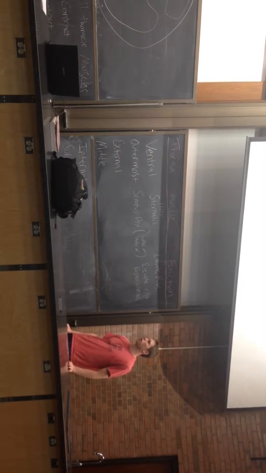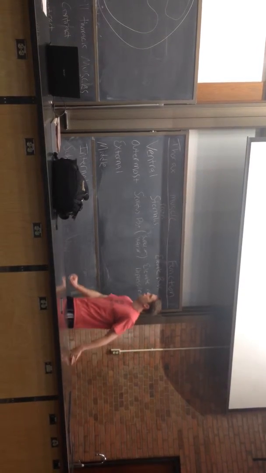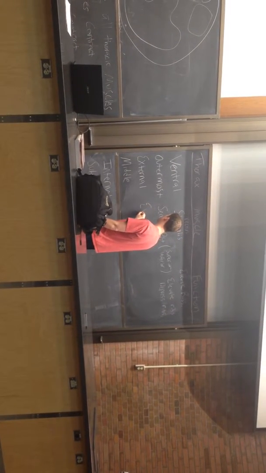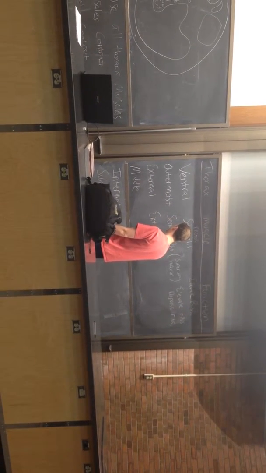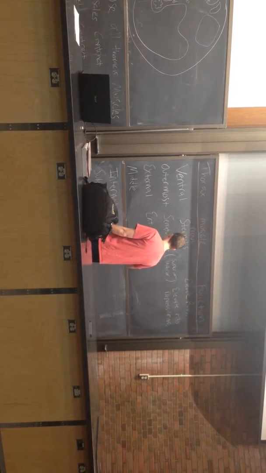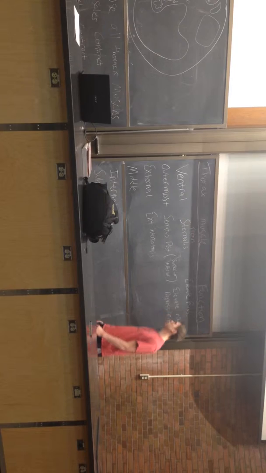Okay, then we get to our external layer, and what do we call it? External intercostals. And when these contract, what do they do to the ribs?